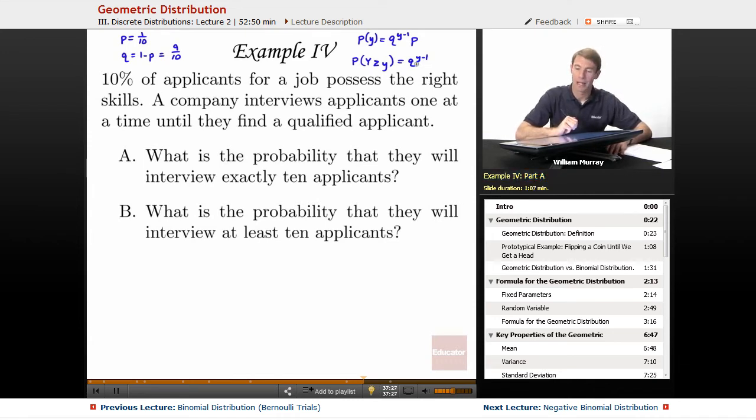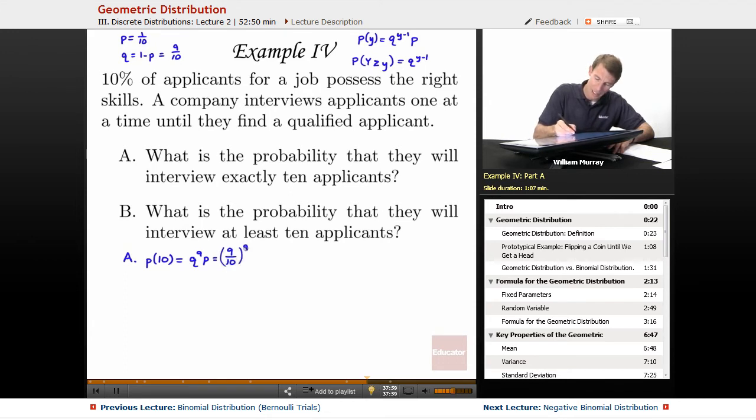So let's go ahead and work that out. In this case, for part A, we want to know what's the probability that we will interview exactly 10 applicants. So we'll have 9 failures, and then the 10th person is the perfect person for the job. So that's the probability of getting exactly 10. And from my Q to the y minus 1 P formula, that's Q to the 9th times P, which our Q is 9/10.